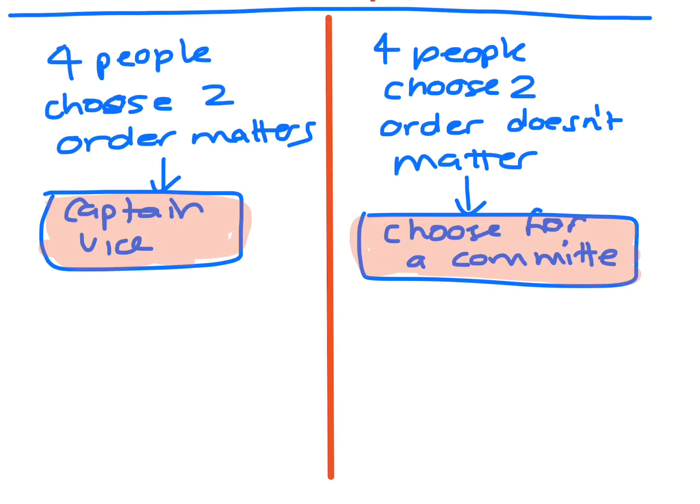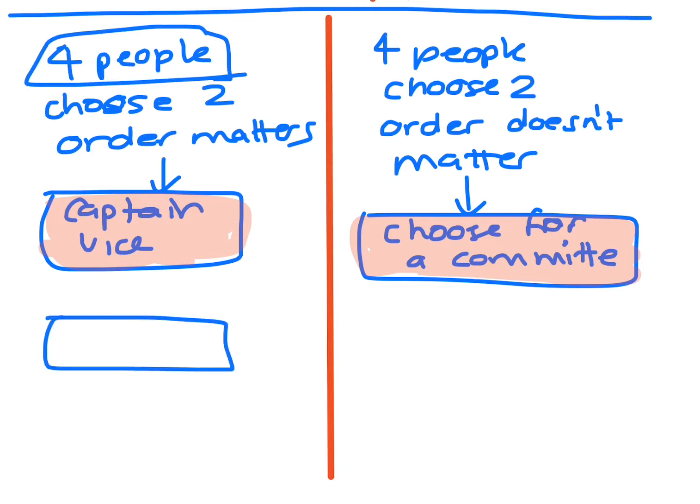Okay, so now I'm going to look at when we go up to 4. So we're going to do 4 people, and we're still going to choose 2. And we're going to put them into the positions of captain and vice again. So for your first choice, you have 4 people you can choose from for captain and 3 for vice. So you end up getting 12.